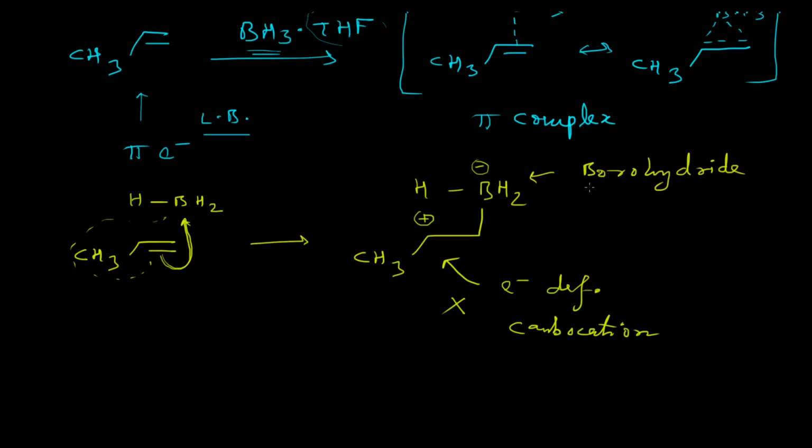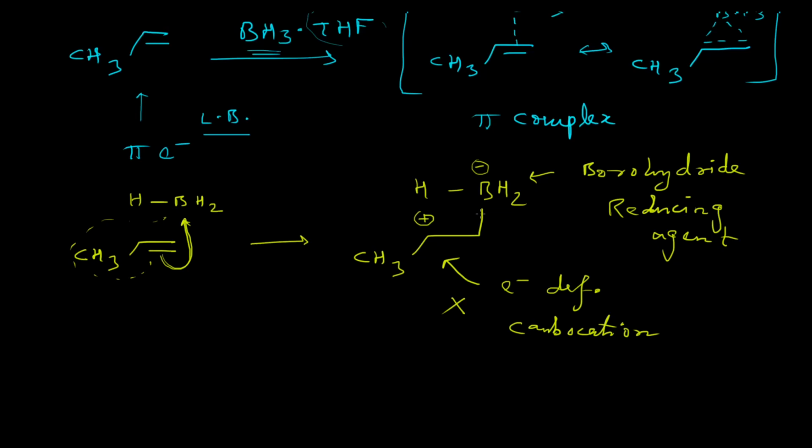So we all know that borohydride is a very strong reducing agent. It reduces a wide range of compounds. So in this scenario, this species contains a highly electron deficient carbocation as well as a strongly reducing agent, which is the borohydride center.